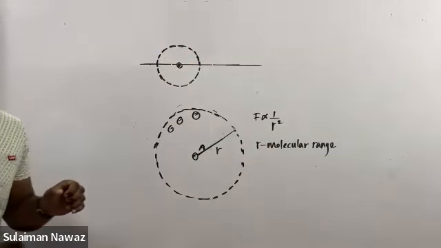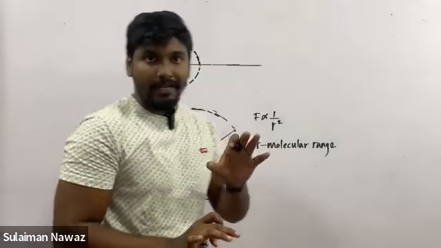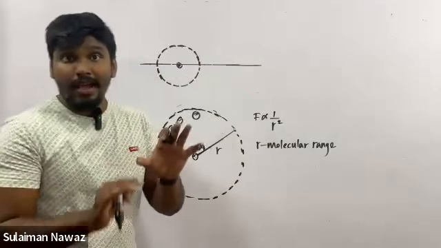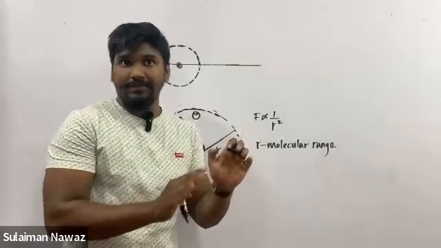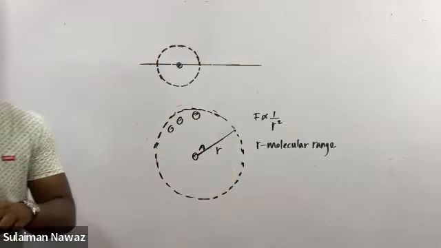Am I correct? As a result, I told you that there is some kind of resultant attraction force acting on liquid particles closer to the liquid surface in the down direction, right?